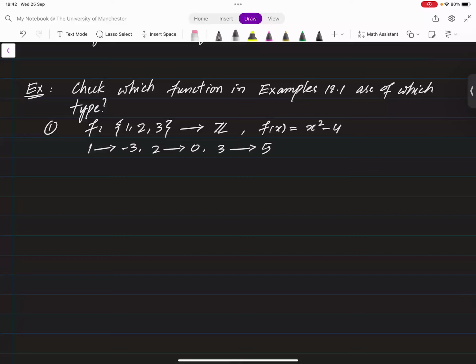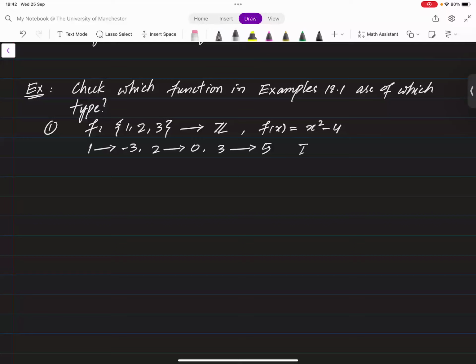So if you check for the first one, it's not onto. If you check for the second one, every element of the domain, like every element of S, is sent to some different element of Z. So it is surely 1-1. And it is not onto, so it can't be bijective.